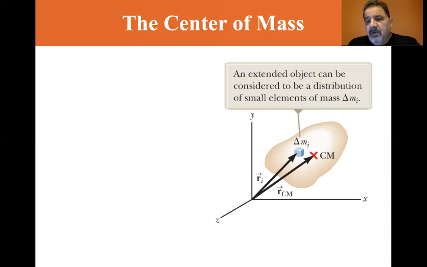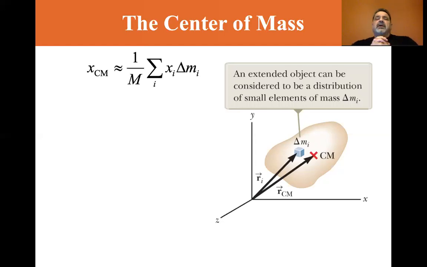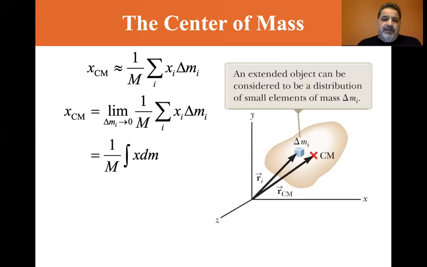Now let's just extend it to just a mass, and we can consider small elements of mass, delta mi, at different positions throughout the mass region, ri, so that the center of mass is approximately 1 over the total mass, times the sum of xi delta mi, all these little elements of mass throughout this region.